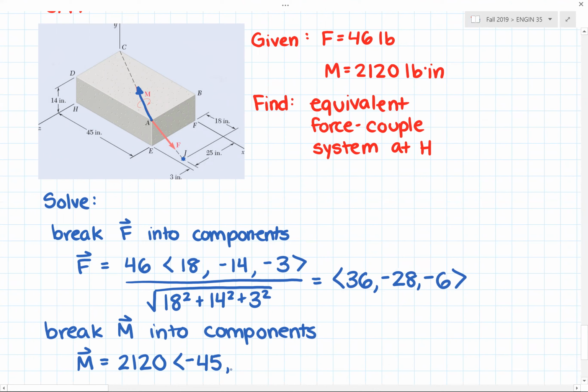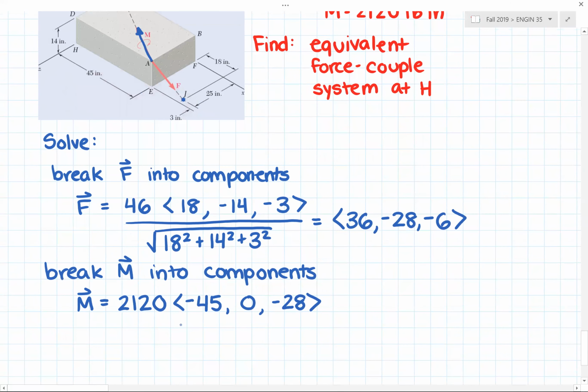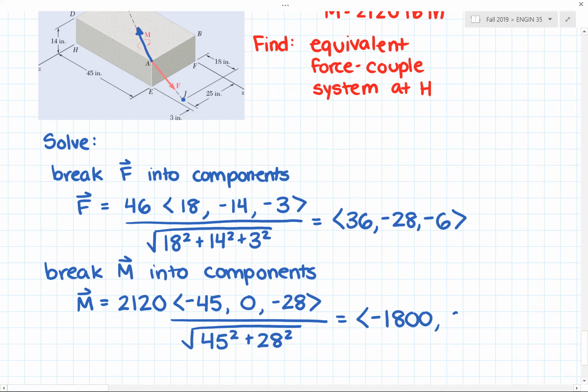In the Y direction, it's 0. And in the Z direction, it's negative 28. I also need to divide that by the magnitude of the line of action, which is 45 squared plus 28 squared. If I solve this out, I get negative 1,800, 0, and negative 1,120.